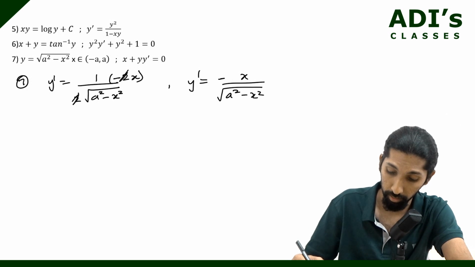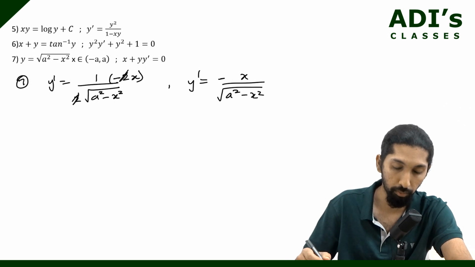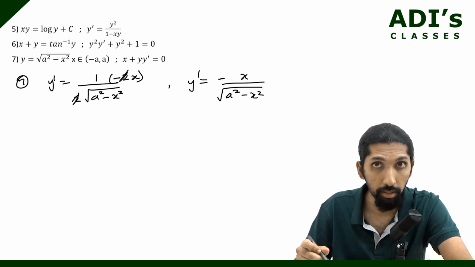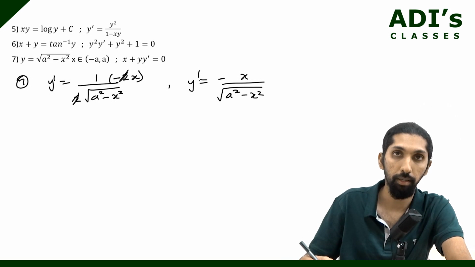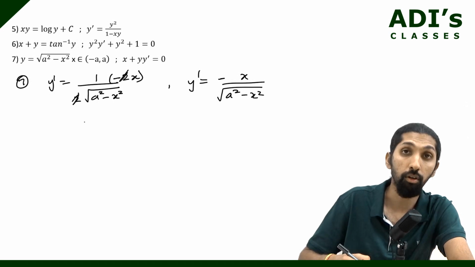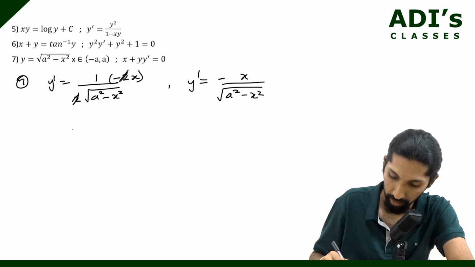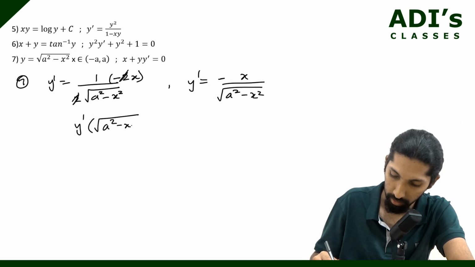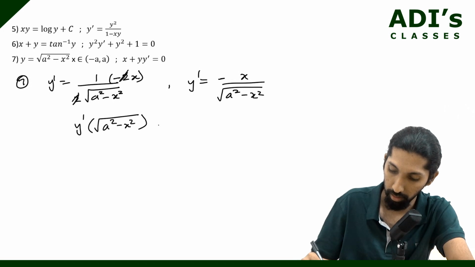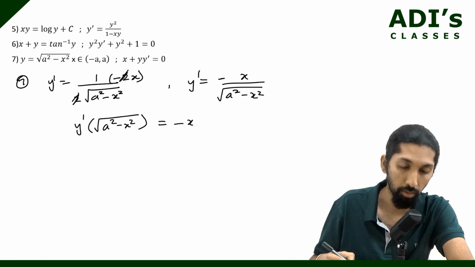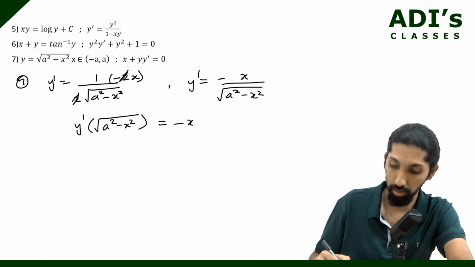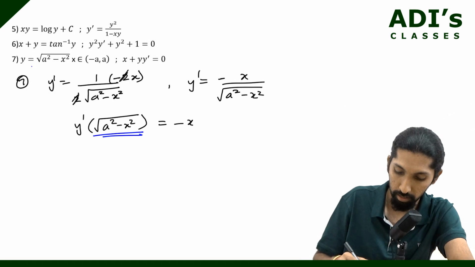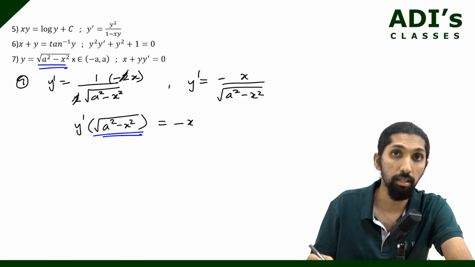Now you want to prove the value of x plus y into y dash is 0. This is what we are trying to prove. Right? Now what you do? Cross multiply. If you cross multiply, y dash into root of a square minus x square is equal to minus x. Guys, look at the question. This one and this one, they are one and the same.